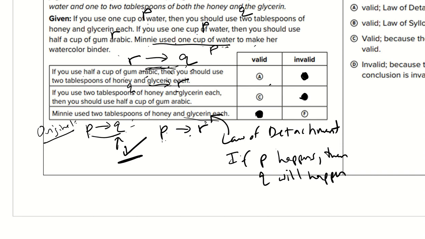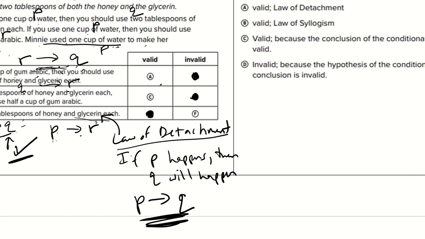So if they said P implies Q, and P happens to occur, then that means Q will also occur. That's the law of detachment. For example, if I said that if you don't do your chores, you're gonna get grounded, that's the P implies Q statement. Well then, let's say Susan decides to not do her chores. What's gonna happen to her? Well, based off of the law of detachment, she's gonna be grounded. And that's what the law of detachment says.